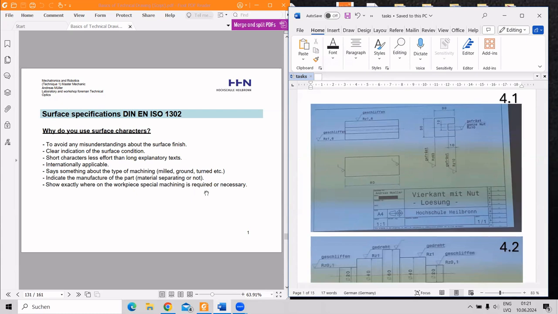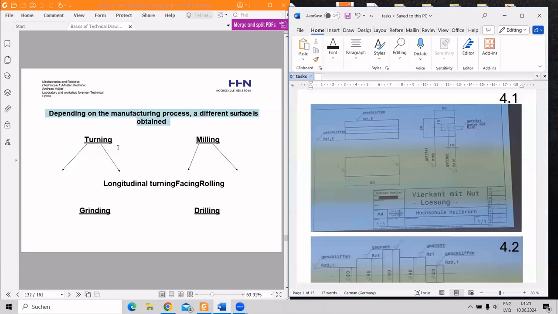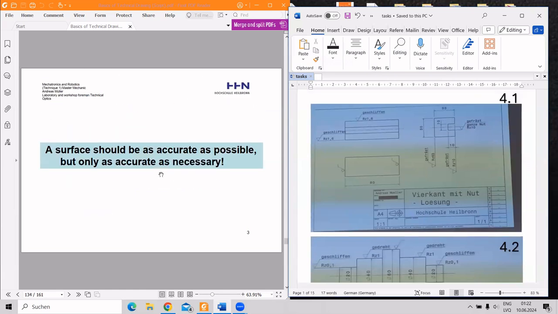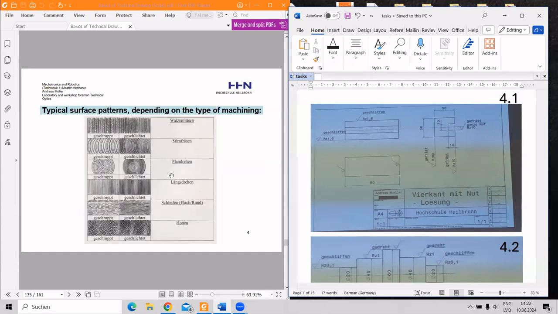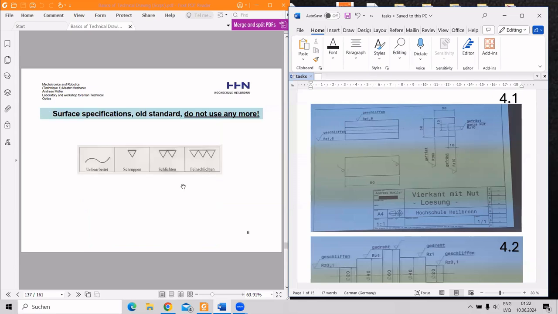Now we will go to the next chapter of surface specifications. So here's the standard. It's quite important. Here's typical surface patterns, type of machining. Here's in German, but again, this can be found in English in a table book. This curved line means that the plane is unworked.